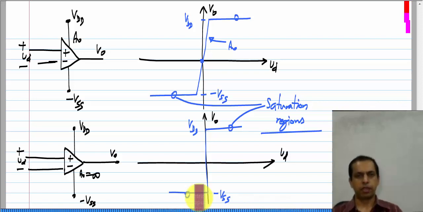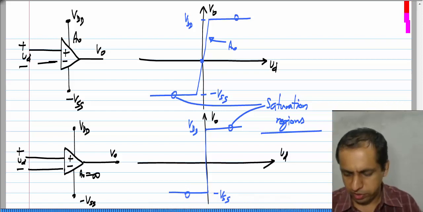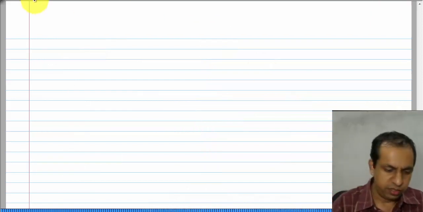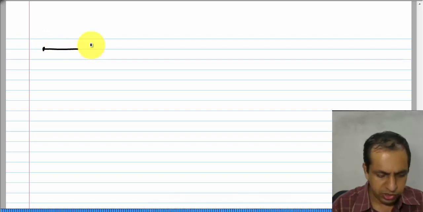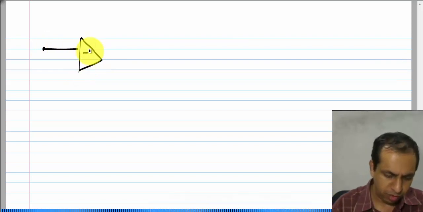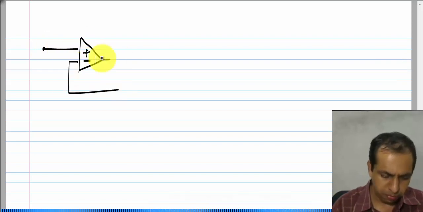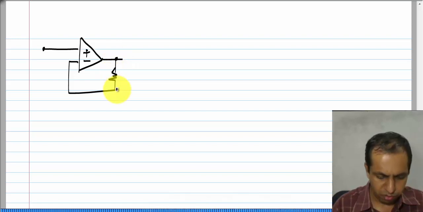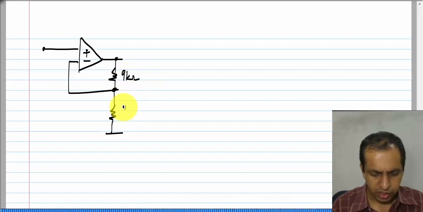Okay. Now, what is the effect of this on a circuit? Let us take a circuit that is very familiar to us. Let us say I have 9 kilo ohm and 1 kilo ohm.